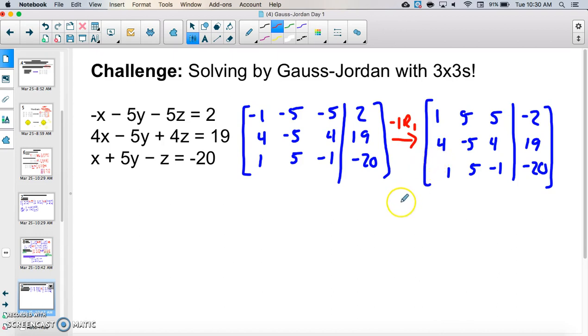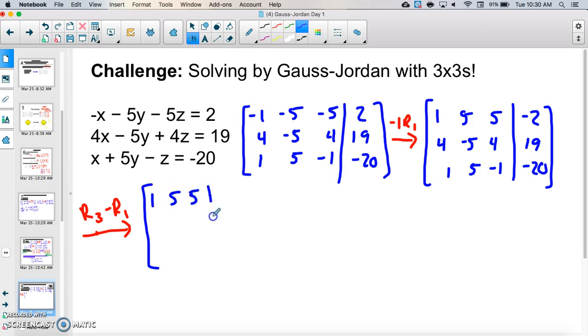Next goal, we need zeros down the rest of this column. So, I'm thinking probably do row 3 plus a negative row 1. Oh, or just doing row 3 minus row 1. Yeah, which is the same thing as what I said. Okay, perfect. So, row 3 minus row 1. So everything else stays the same.